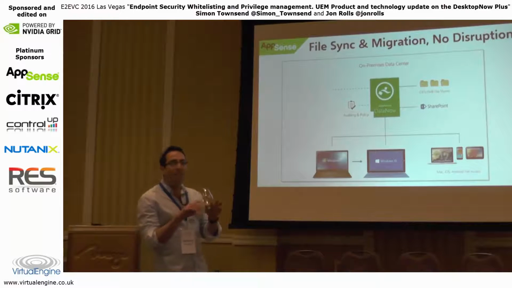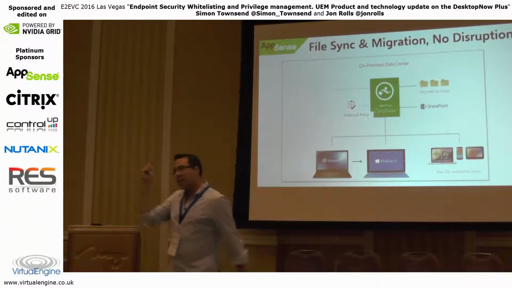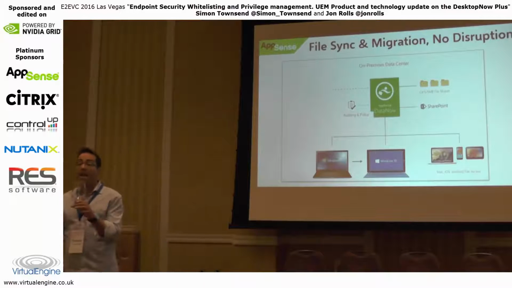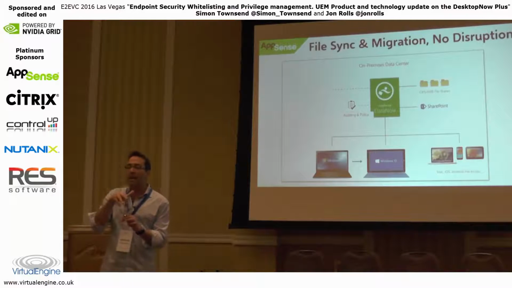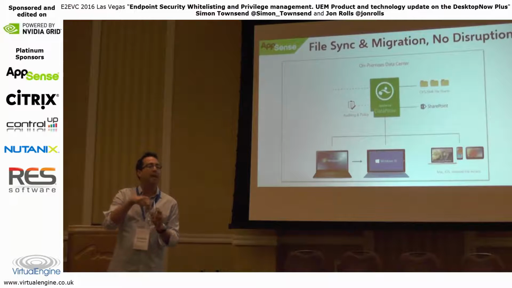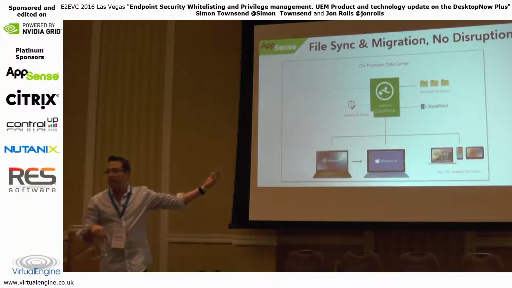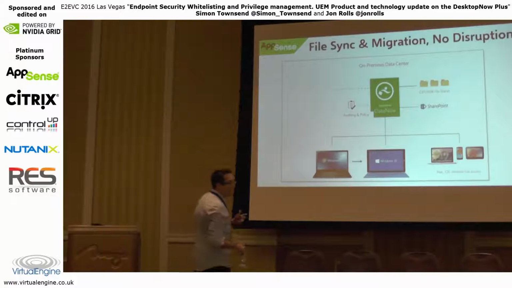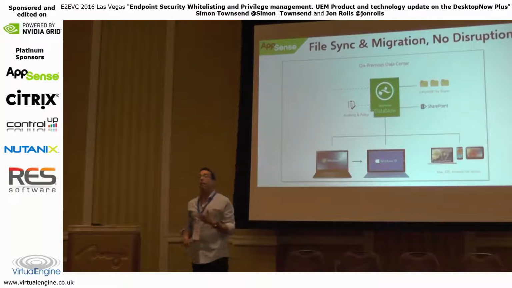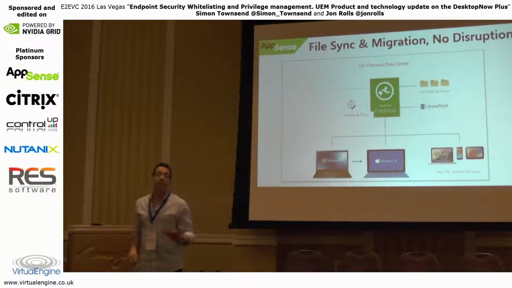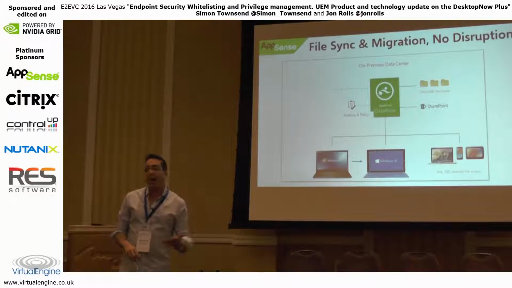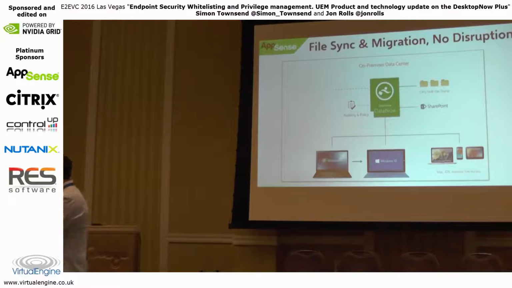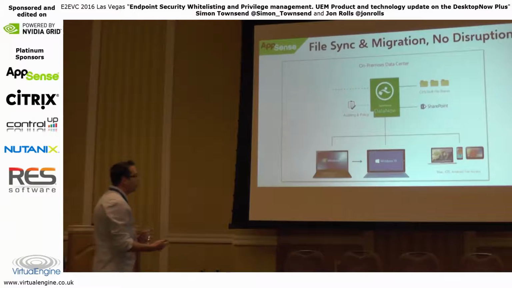As I'm typing in my Word document and I decide I need to file save, I have to save it into the OneDrive container or into the Dropbox container for it to synchronize, yeah? What AppSense has done is introduce something we call in-location sync. And in-location sync allows me to specify local file paths and parts of my profile that I want AppSense to sync automatically.